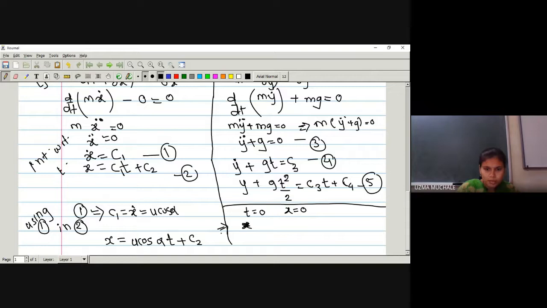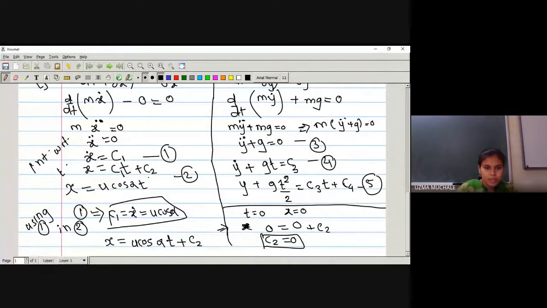x is 0 equal to, t is also 0, plus C2. So the value of C2 we have got is 0. And the value of C1 we have got is u cos alpha. So you have to put in the values: x is equal to, the value of C1 is u cos alpha, and the value of C2 we have found is 0.